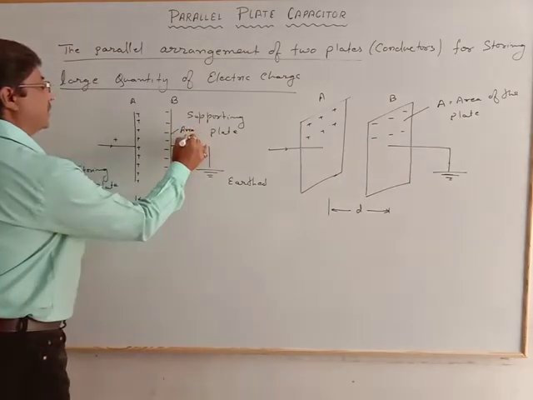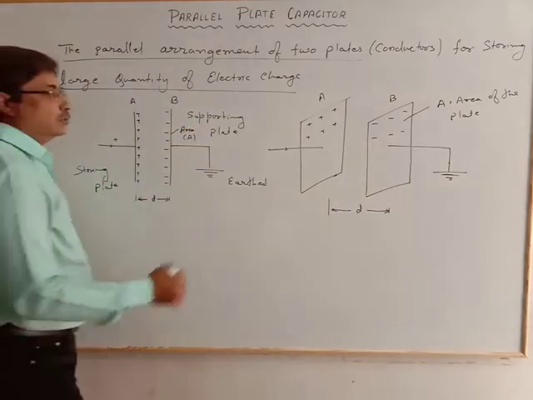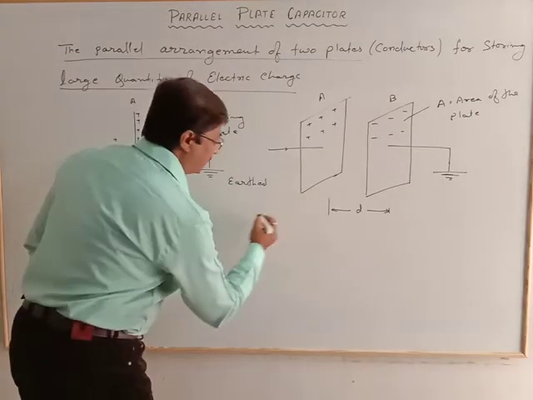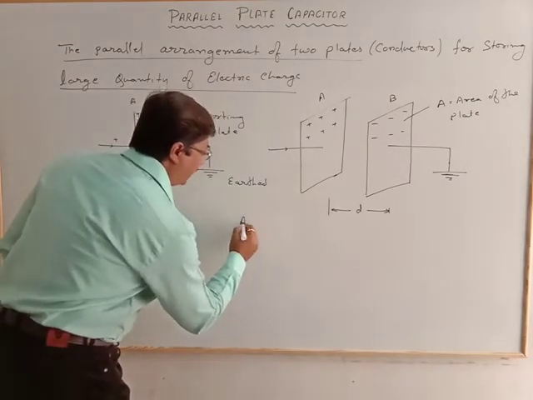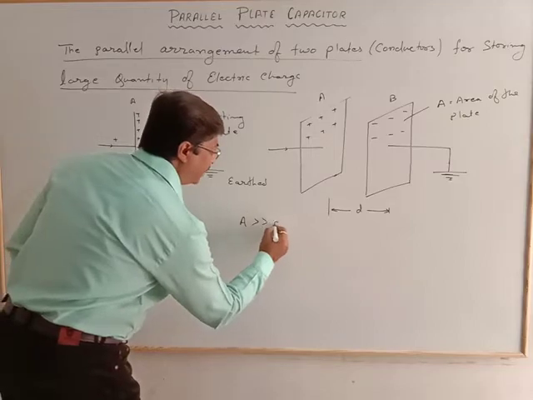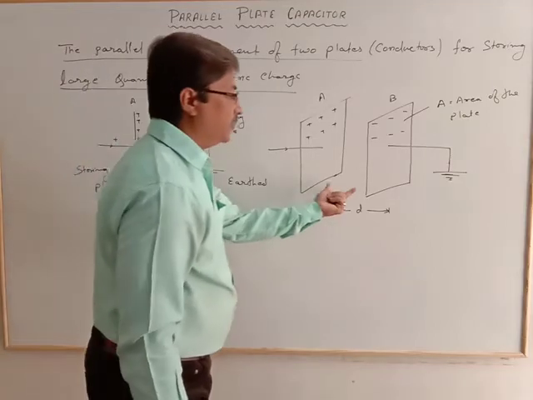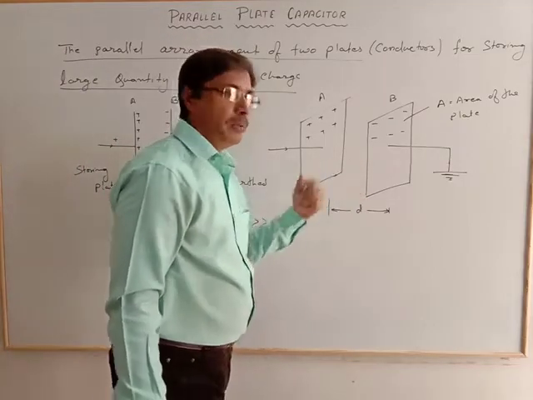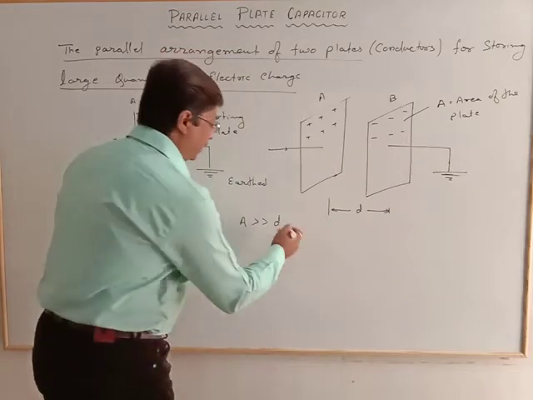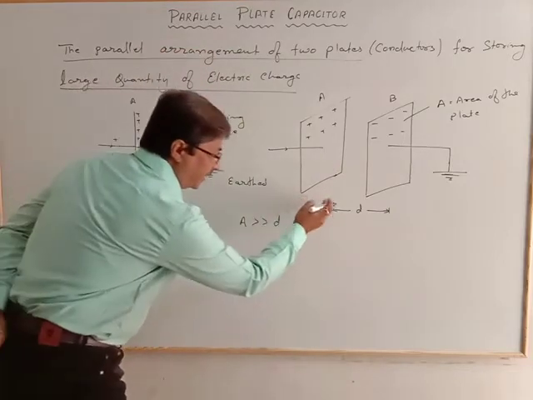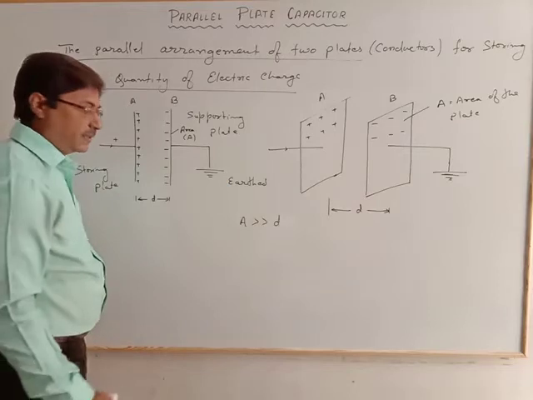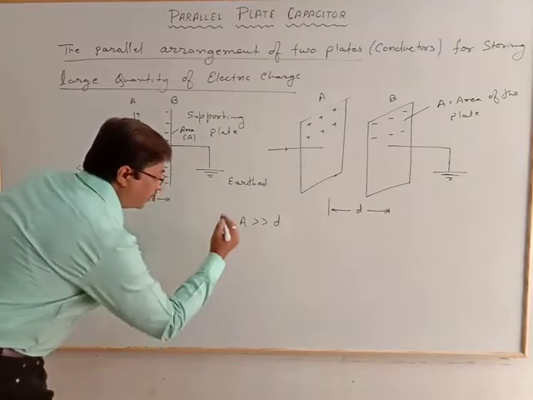Let the area of the plate be capital A. In that case, the area of the plate A is much greater than the distance between the two plates, or the separation between the two plates.